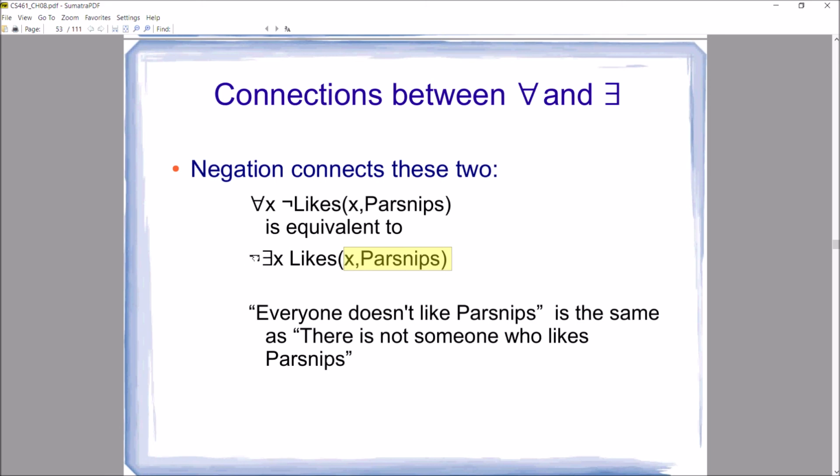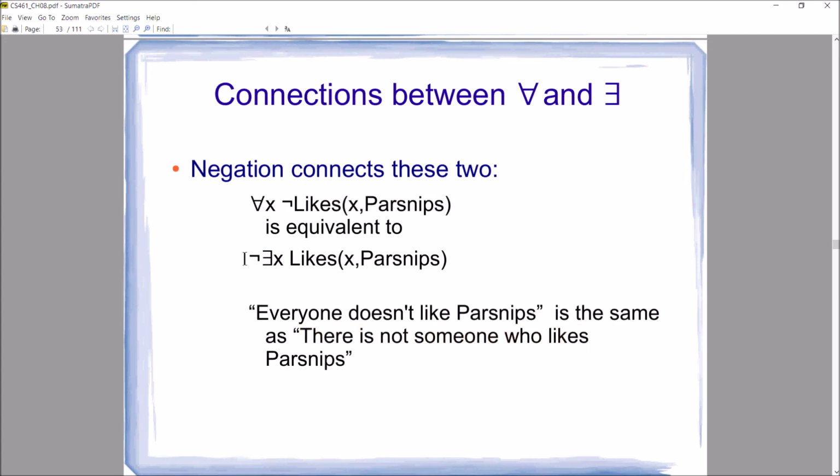Now if you put the not in front of that, you're saying there does not exist at least one person who likes parsnips. So to summarize, it's like saying everybody doesn't like parsnips. That's what this first sentence is saying. Everybody, all x, all people not liking parsnips. That's the same thing as saying there is not someone who likes parsnips.